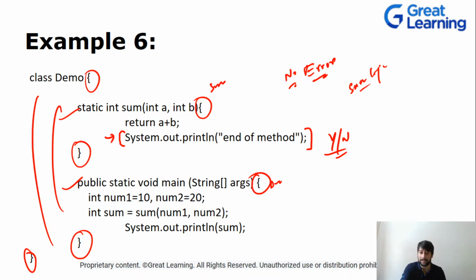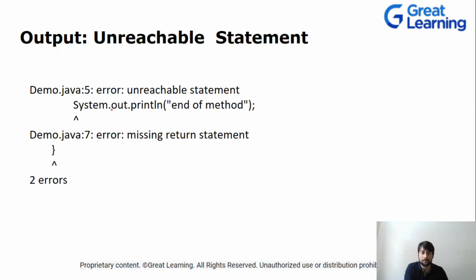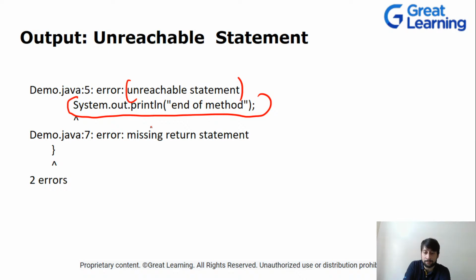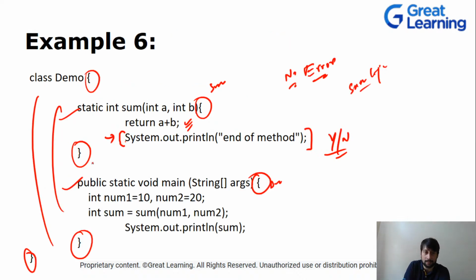You will be getting two errors. The first is the unreachable statement, which will never be reached because you are already returning from this. The next is in line number 7; this is line number 5, this is line number 6, 7.